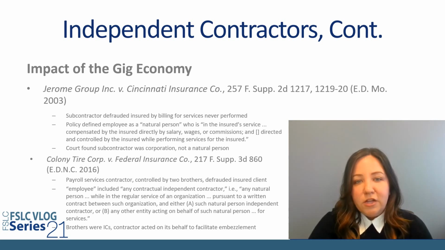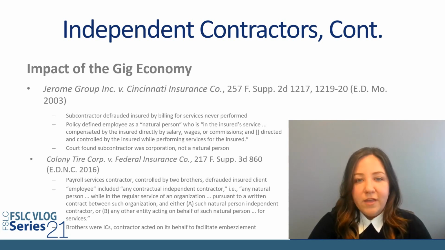There, a payroll services contractor controlled by two brothers defrauded the insured client. The insured's policy included in its employee definition contractual independent contractors, which the policy defined as a natural person while in the regular service of the organization pursuant to a written contract between such organization and either the natural person independent contractor or another entity acting on behalf of the natural person contractor for services.